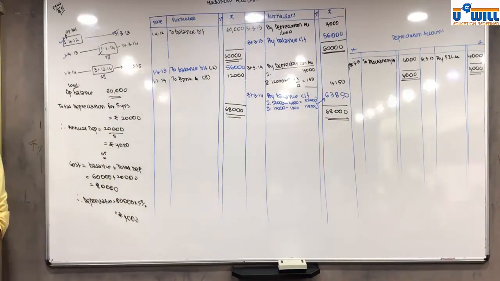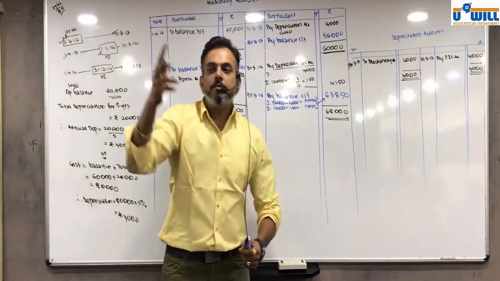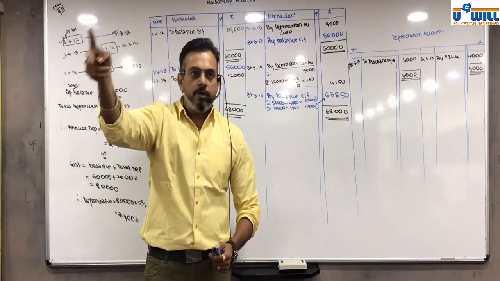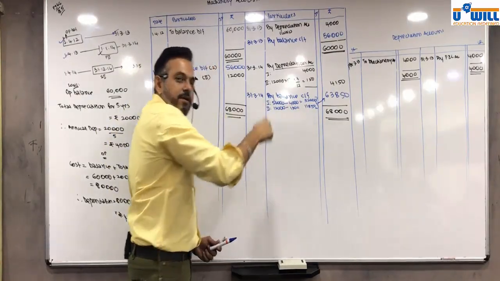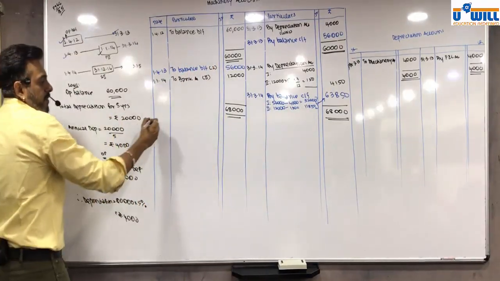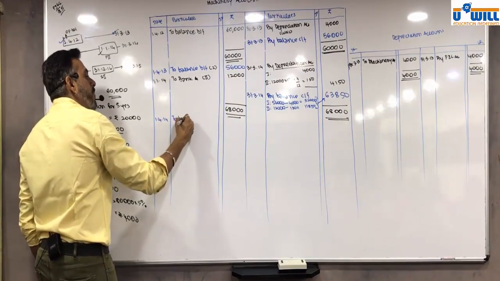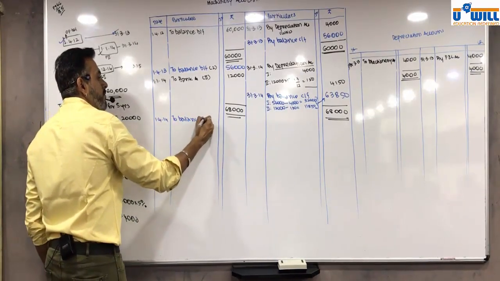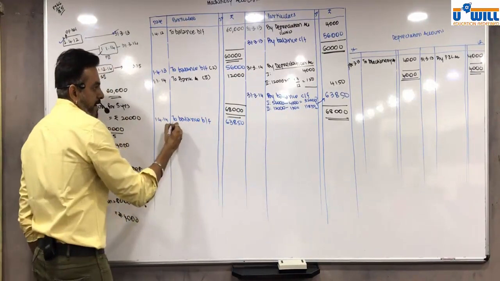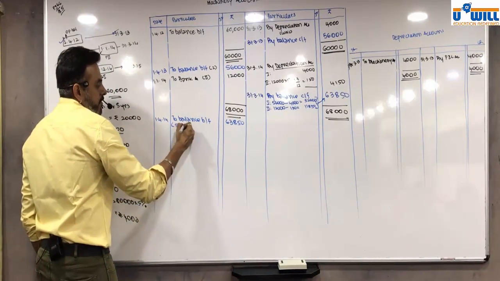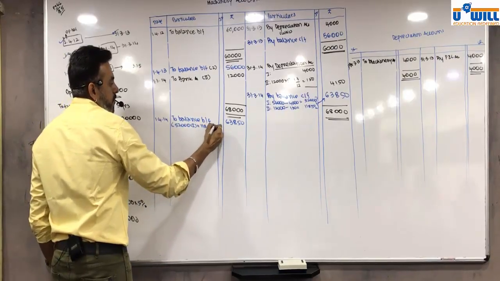Understood this? So the closing balance of machinery account is 63,850, but it has 2 machines: one machine of 52,000 and another machine of 11,850. So we transfer this: 1/4/2014, to balance brought forward 63,850. In bracket I'll write 52,000 of machine 1 plus 11,850 of machine 2.